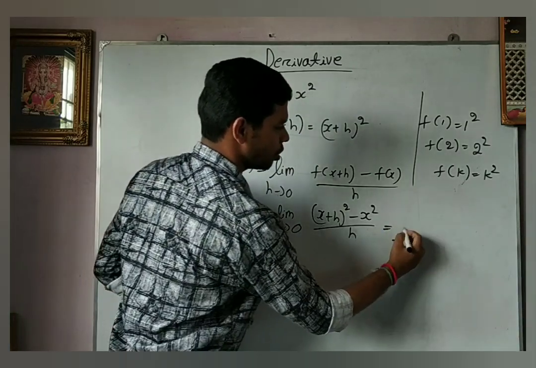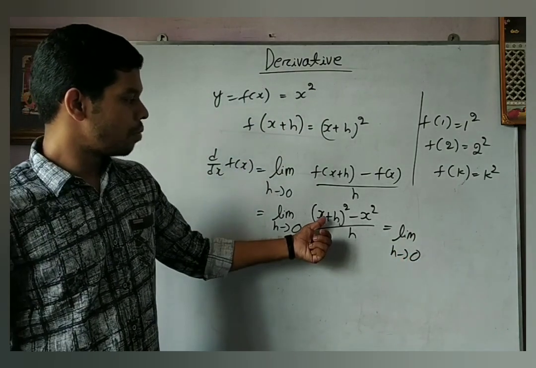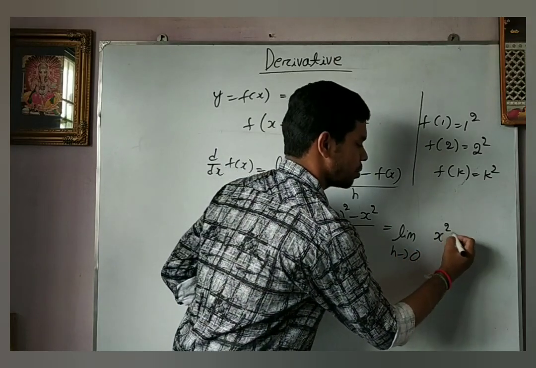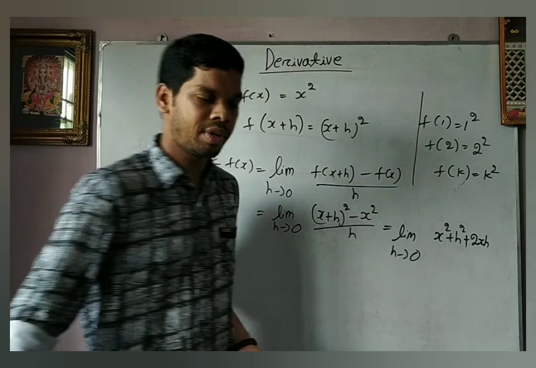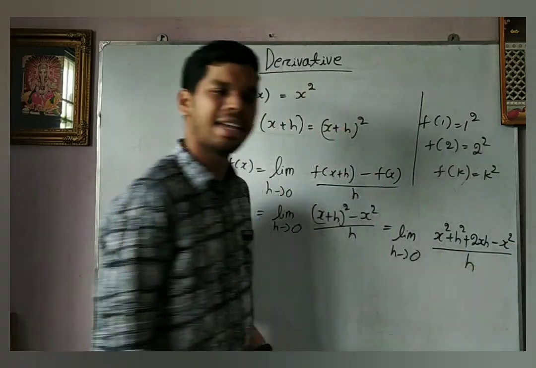This is equal to limit h tends to 0. Put the formula of a plus b whole square: a square plus b square plus 2ab, minus x square, whole divided by h.